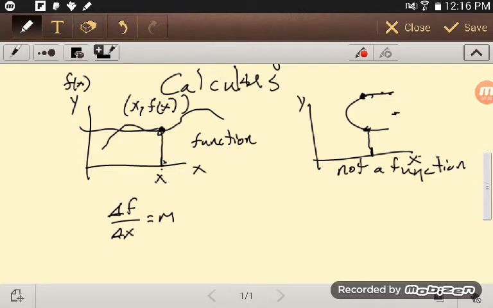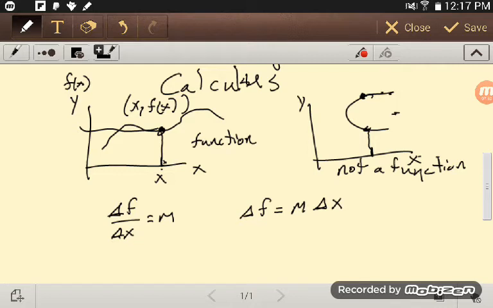It's still the slope between 2 points. And then also think about this relationship of delta f, or change in f, is the slope times delta x.